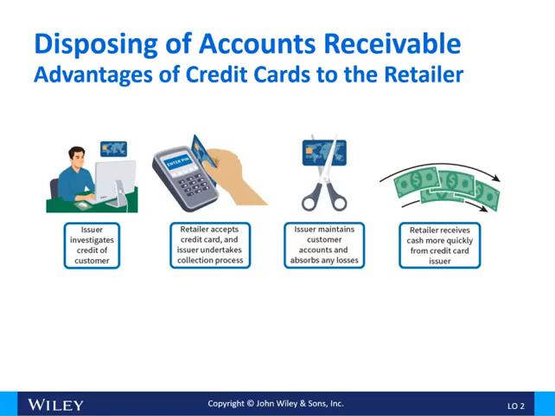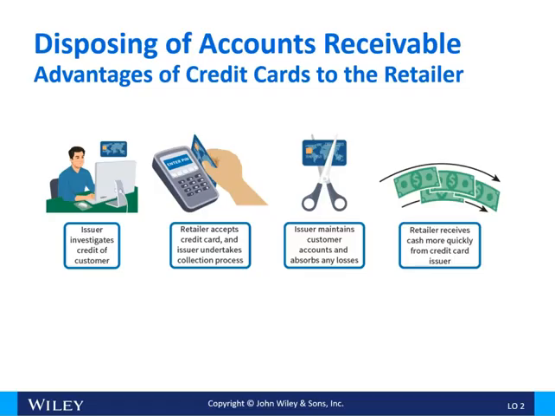So, advantages of credit cards to the retailer. The issuer, Visa, MasterCard, or whatever, is the one that investigates the credit of a customer and determines how much they're willing to risk by offering credit to that individual. The retailer accepts the credit card. The issuer undertakes the collection process.